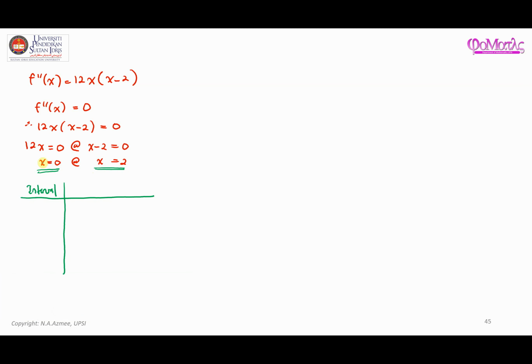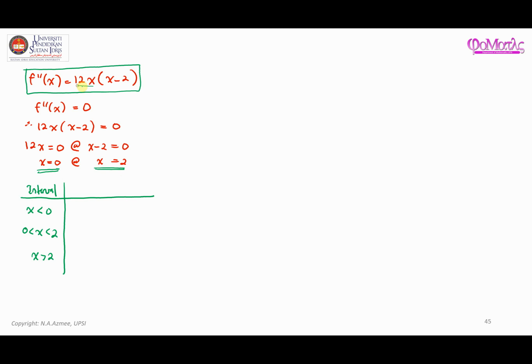So for x less than 0, we will be interested to find what is the behavior for x less than 0, and then x between 0 and 2, and finally x greater than 2.